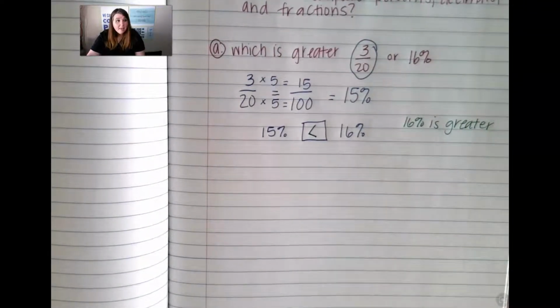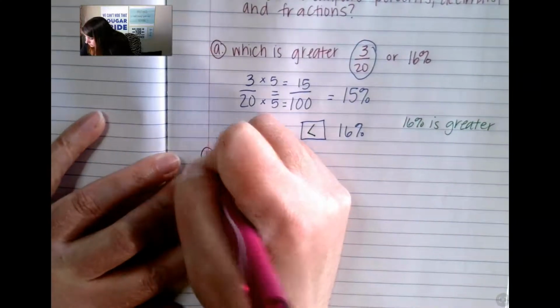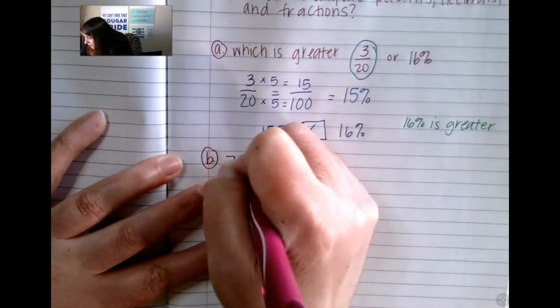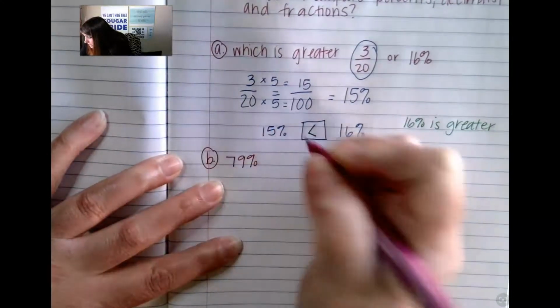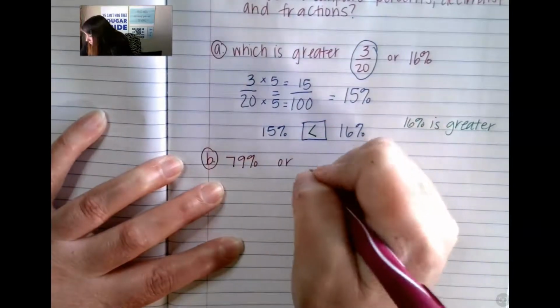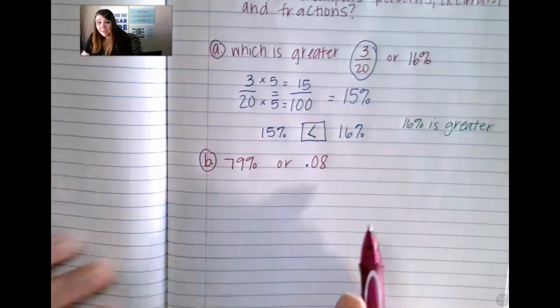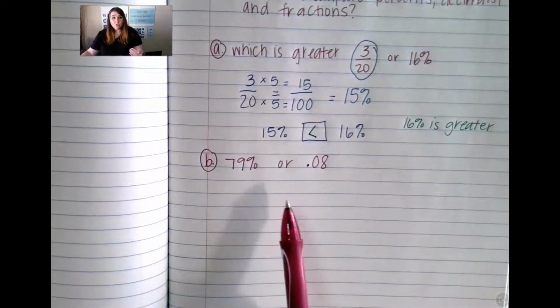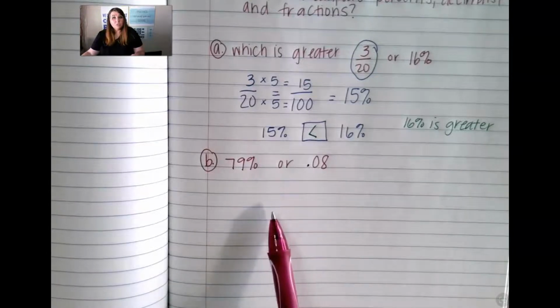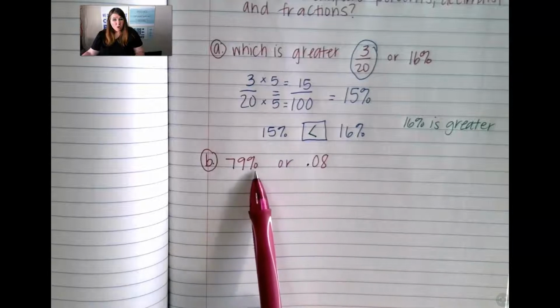Let's say that I have 79% or 8/100. Now I can choose to create decimals or fractions or percentages.